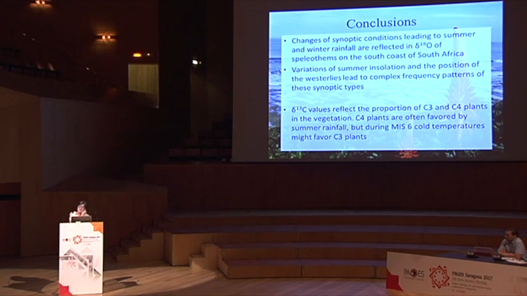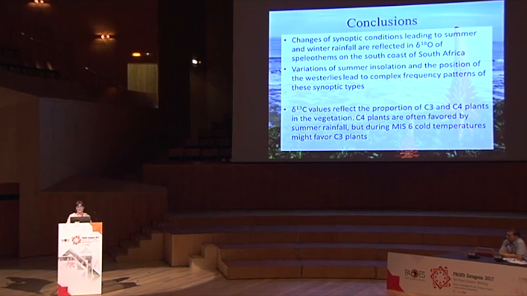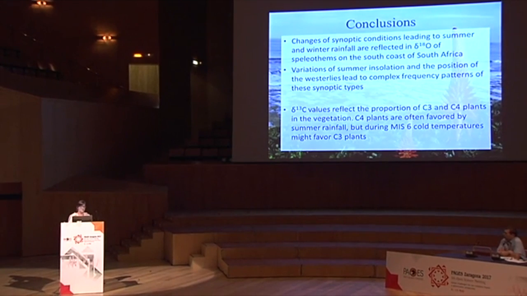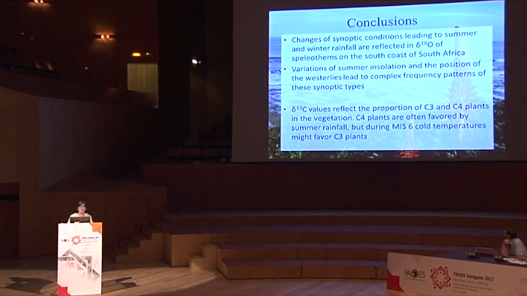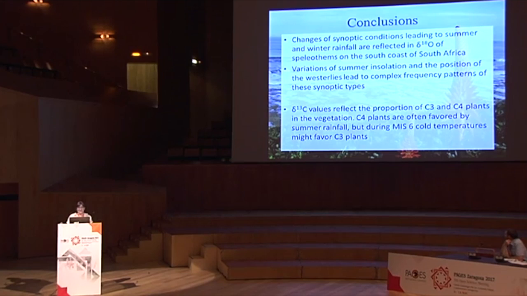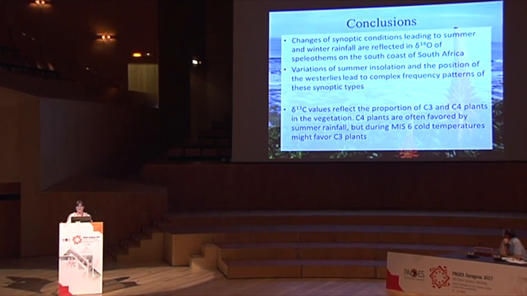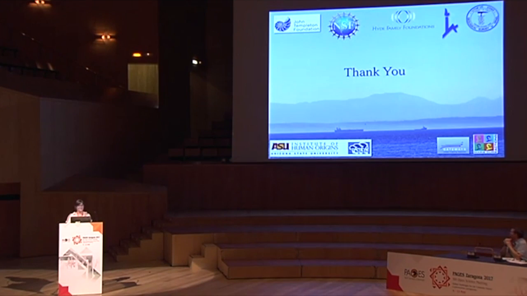And then delta 13C is very likely to reflect changes in the proportions of C3 and C4 vegetation. Just during stage 6, this might be offset towards C3 plants because of the colder conditions. Okay, thank you.